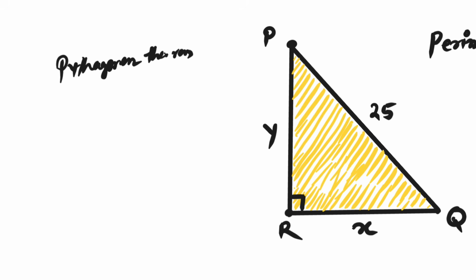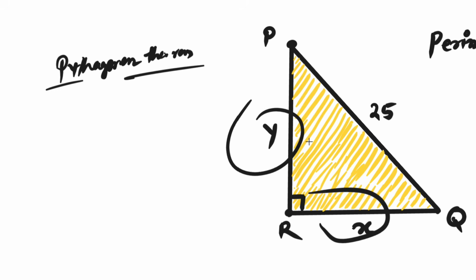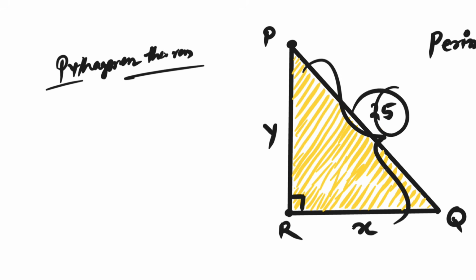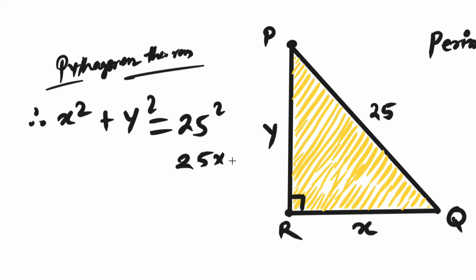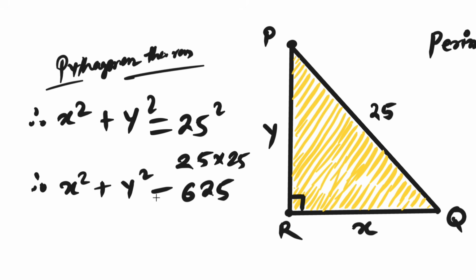In our case, the legs are x and y, and the hypotenuse is 25. So, we write x squared plus y squared equals 25 squared. Now, 25 squared means 25 multiplied by 25, which is 625. Therefore, we get x squared plus y squared equals 625.